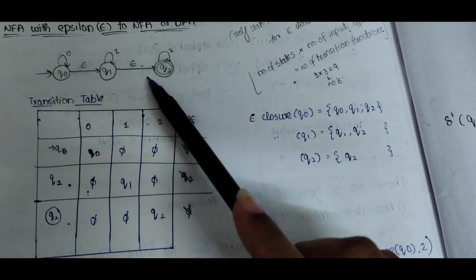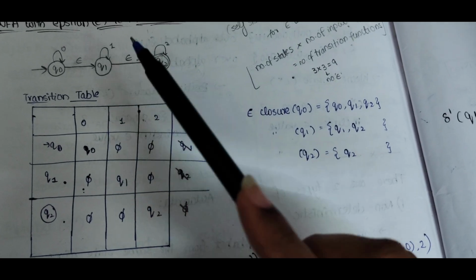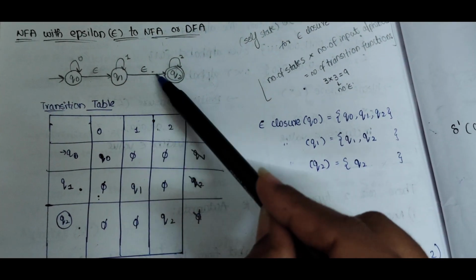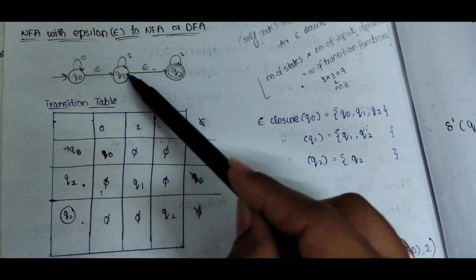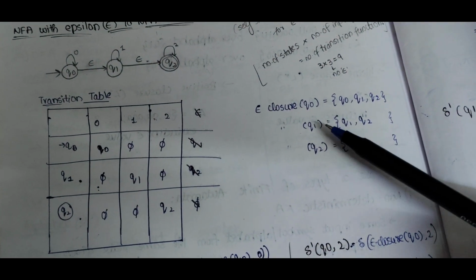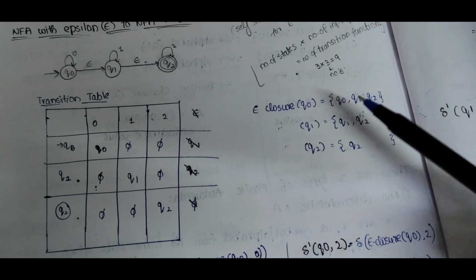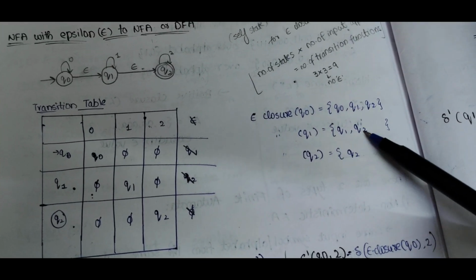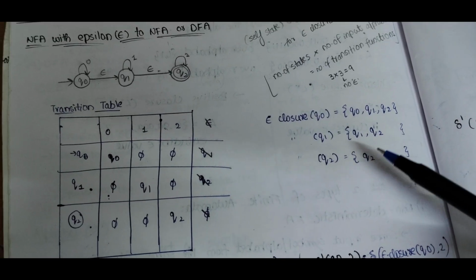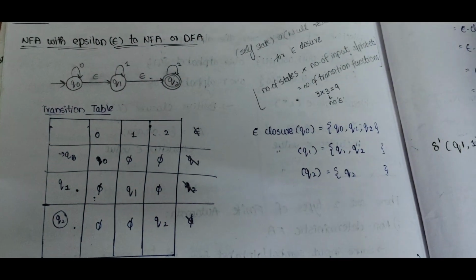No. Or does it have any epsilon transitions backwards? No. It is from Q1 to Q2, not Q2 to Q1, so we do not write those transitions. So for Q0 we'll have Q0, Q1, Q2. For Q1 we'll have Q1, Q2. For Q2 we'll have Q2. These are the e-closure values for the transition table.